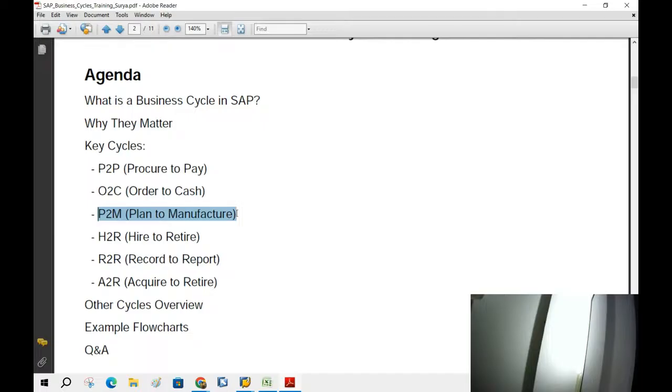Note 3, write down: plan to manufacture or plan to produce, or it can be called PTC, or production planning cycle, the PP cycle. Clear?